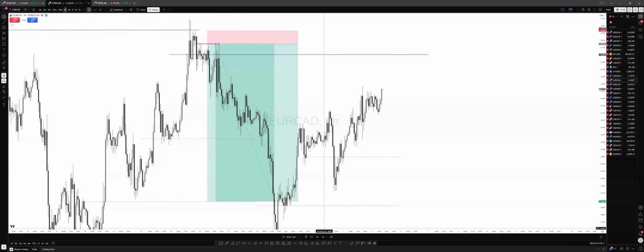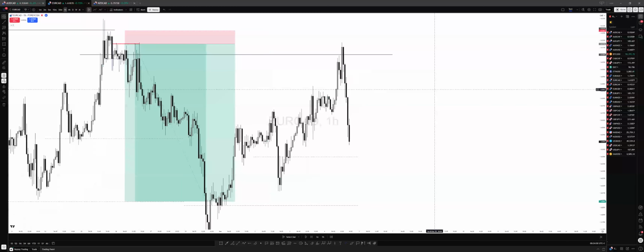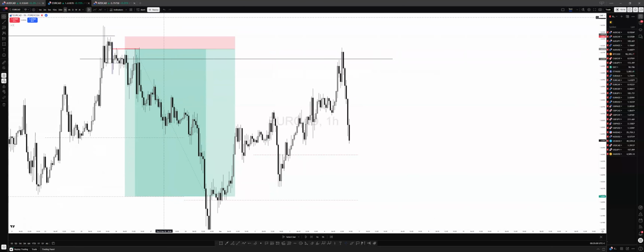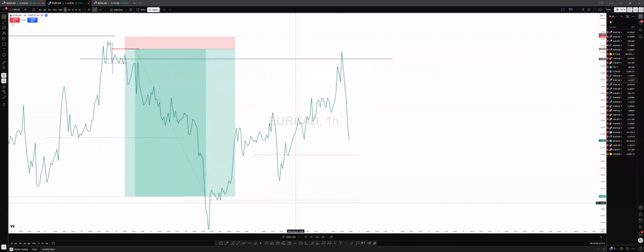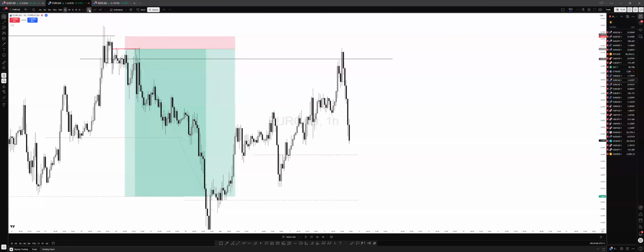Give me 3 candles per second. Good. So now if you look at it on the 1 hour time frame, this is the level that price has broken.